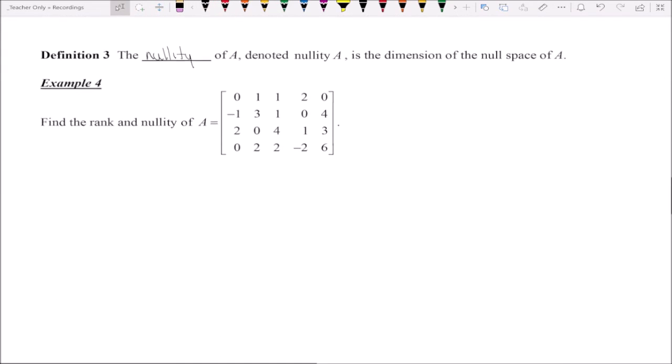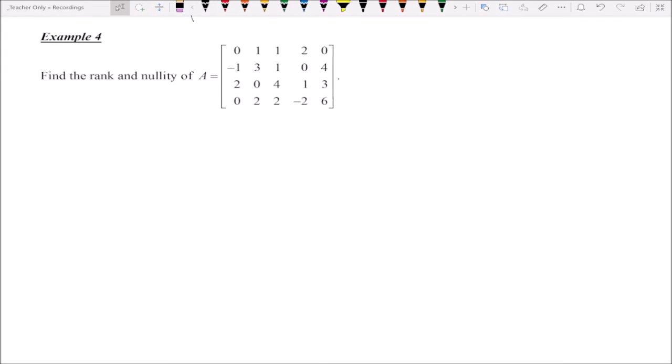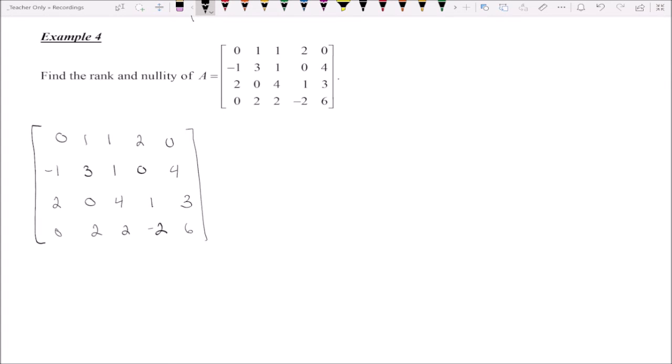Well, let's find the rank and nullity of this matrix. All right, well, first for rank, we know how to start. Right, we start with our matrix and row reduce it.